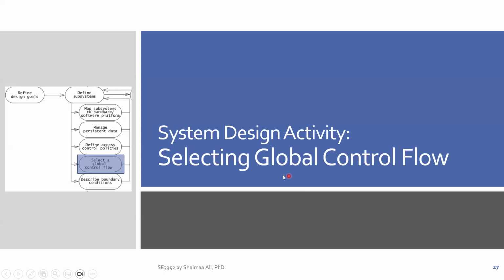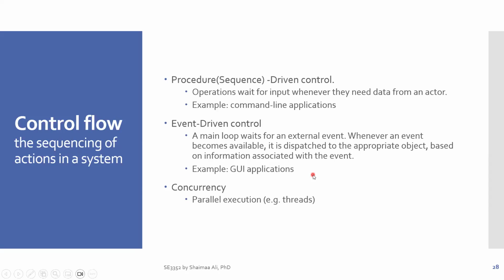The next step is to select a global control flow because this determines what type of application you have. Generally speaking, there are three main types of flow. There is a procedure or sequence-driven control. That's like everything has to happen in sequence, like a command line application. Now, command line applications are not popular in the general type of systems, but they still exist.